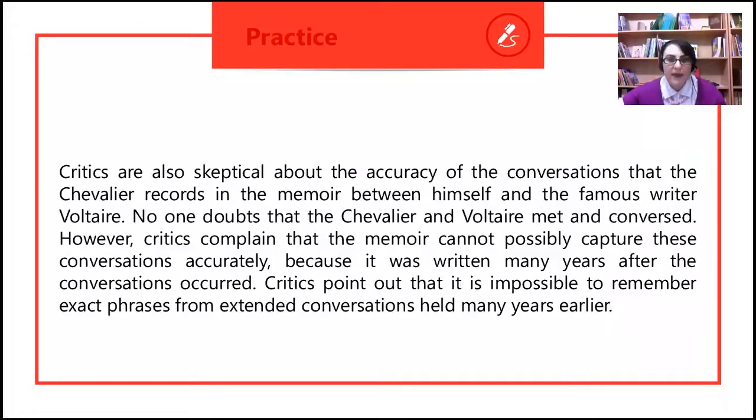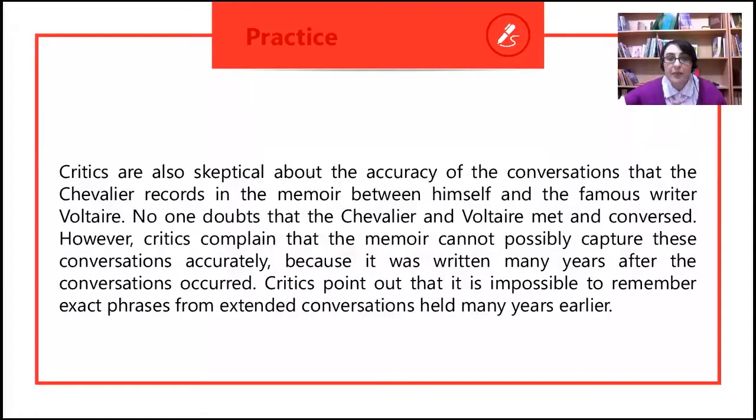Then critics are also skeptical about the accuracy of the conversations that the Chevalier records in the memoir between himself and the famous writer Voltaire. No one doubts that the Chevalier and Voltaire met and conversed.